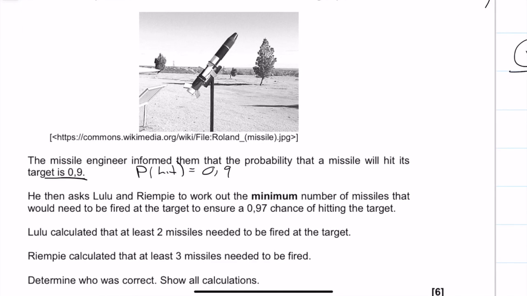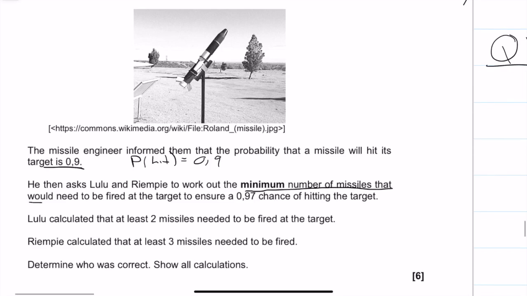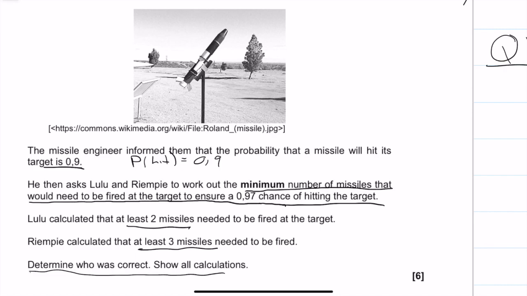Then they're asked to work out the minimum number of missiles that would need to be fired at a target to ensure a 97% chance of hitting the target. The first person calculates at least two, while the second person calculates at least 3. Determine who was correct. Show all your working out.